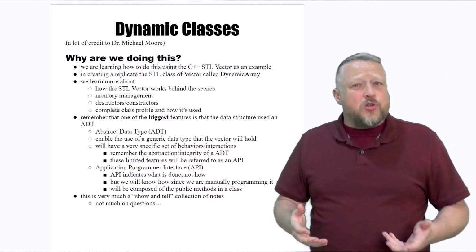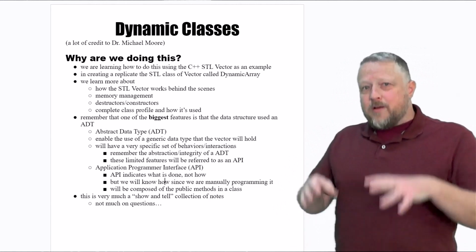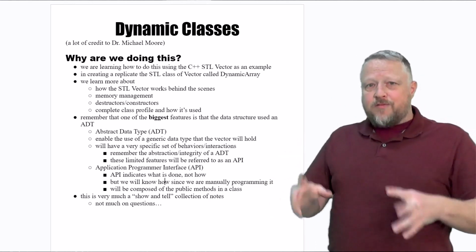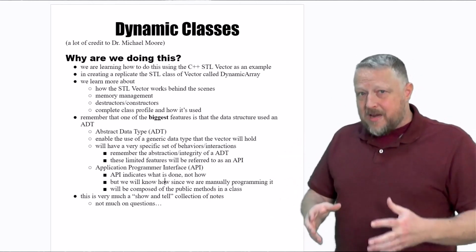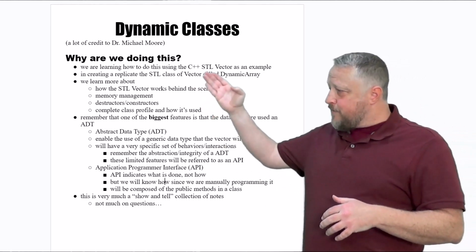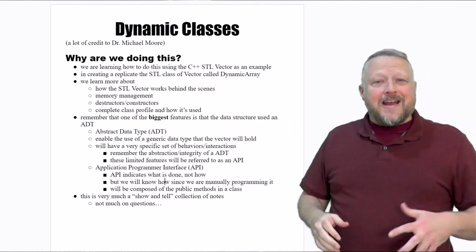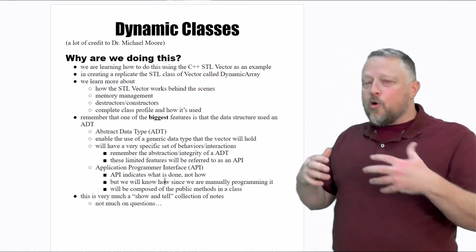And I think we used student in our previous example. What we're doing on this set of notes and videos is we're going to mimic the exact same STL vector, but we are going to manually create it as a dynamic array.